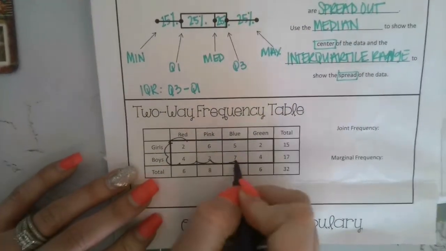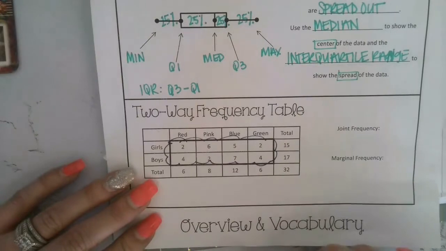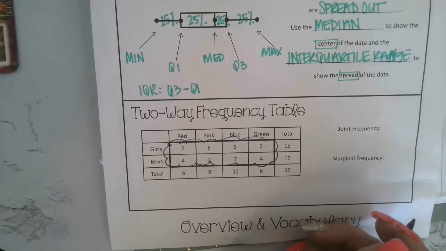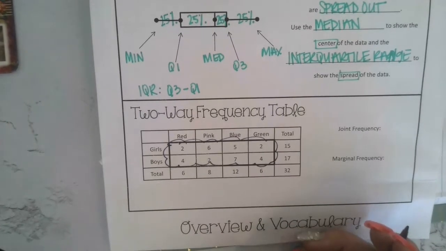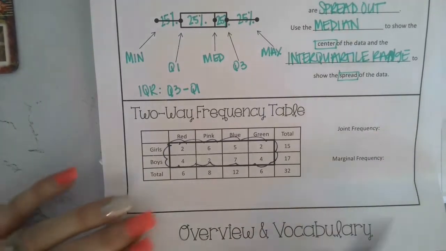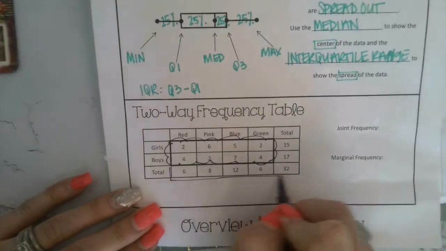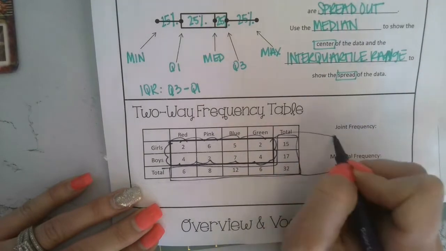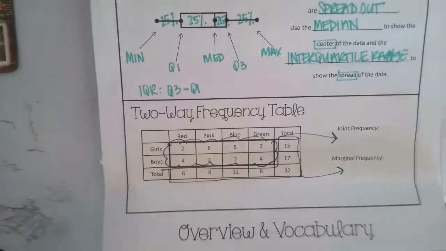It's this section right here that is not in your total section. And then your marginal frequency is the totals, essentially. Okay, so your marginal frequency is this guy. You're not going to see most of those, but there you go.